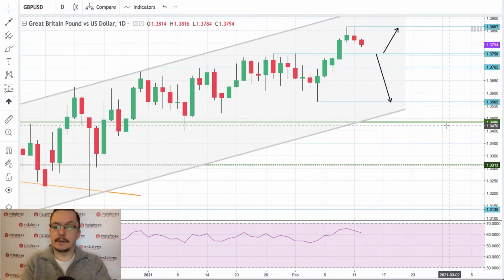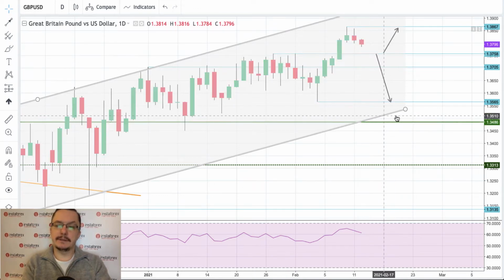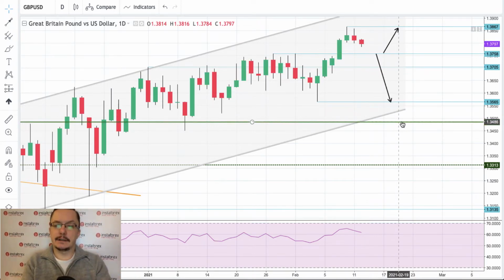There is some sort of key long-term technical support at 1.3486. So if the market gets here, then it means that it's out of the channel and it's testing the key technical support, which is very bad for the bulls, and that would mean the bears are in control of the market and are getting stronger simply.